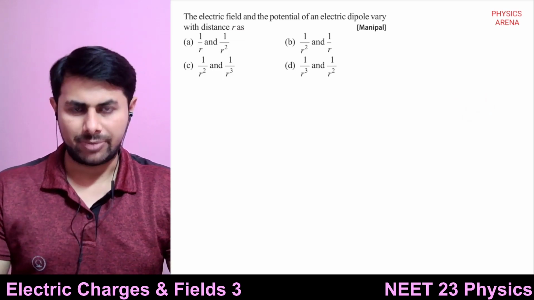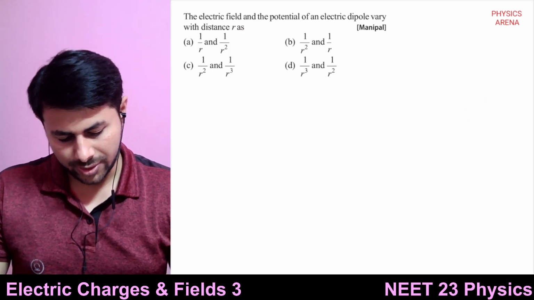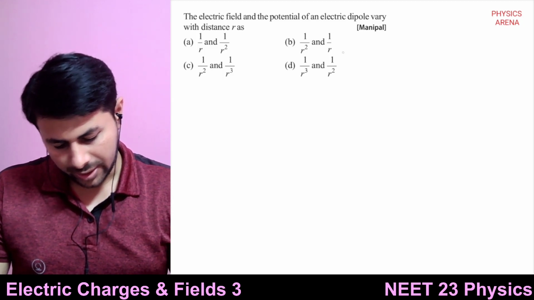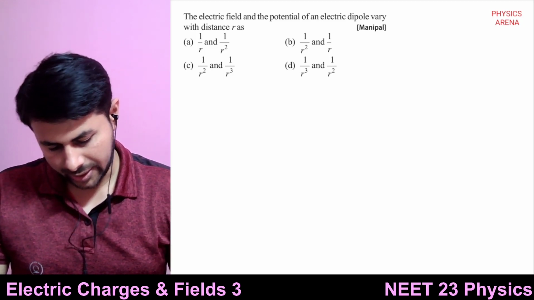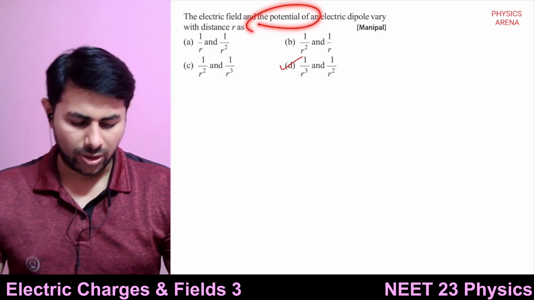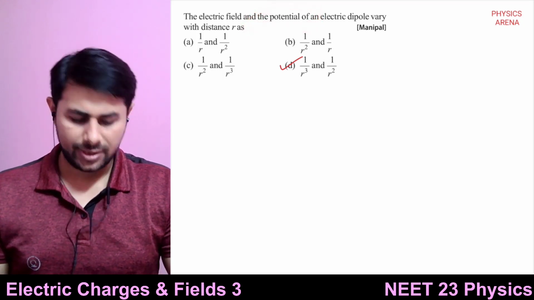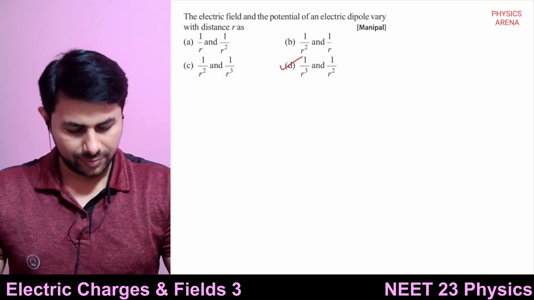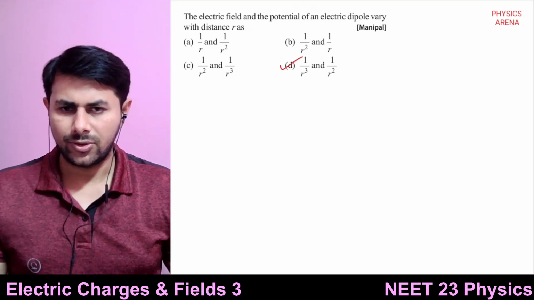We'll learn it in next chapter. Okay. So the answer of this question is 1 upon r cube and 1 upon r square. It's option D. We'll learn this, that potential of electric dipole is inversely proportional to r square. Okay.